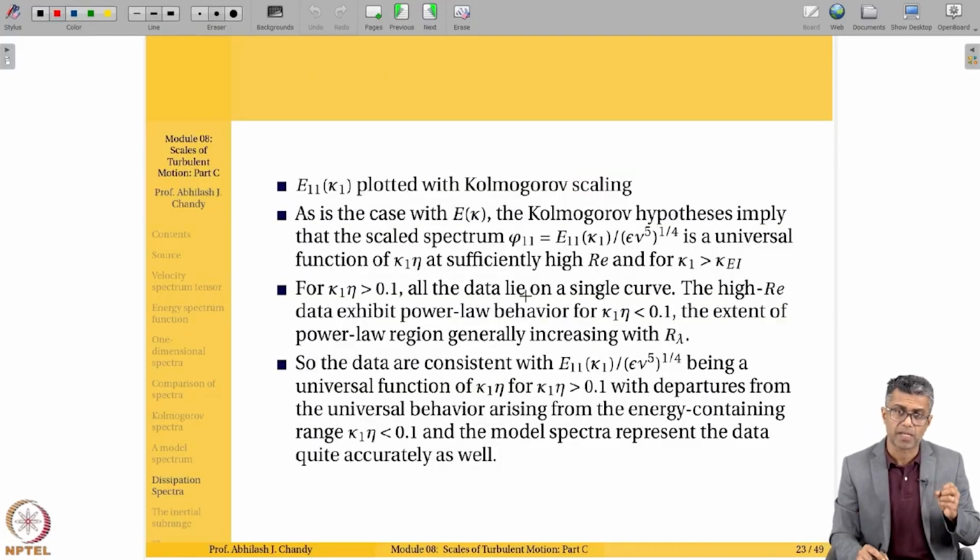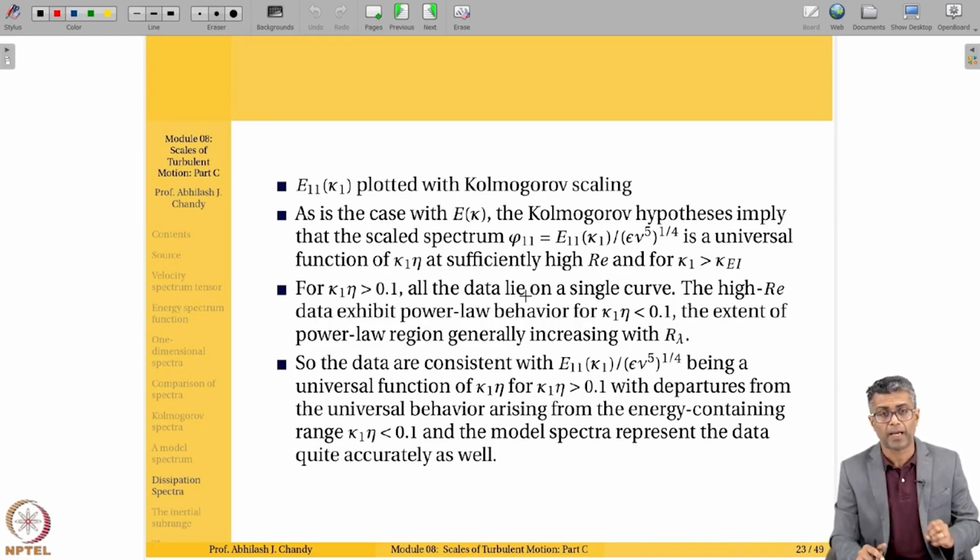And this slide basically summarizes what I was just talking about. So what we have plotted here is the 1D spectra, and as is the case with the 3D spectra, the energy spectrum function, as in E of kappa, the Kolmogorov hypotheses do apply, right?